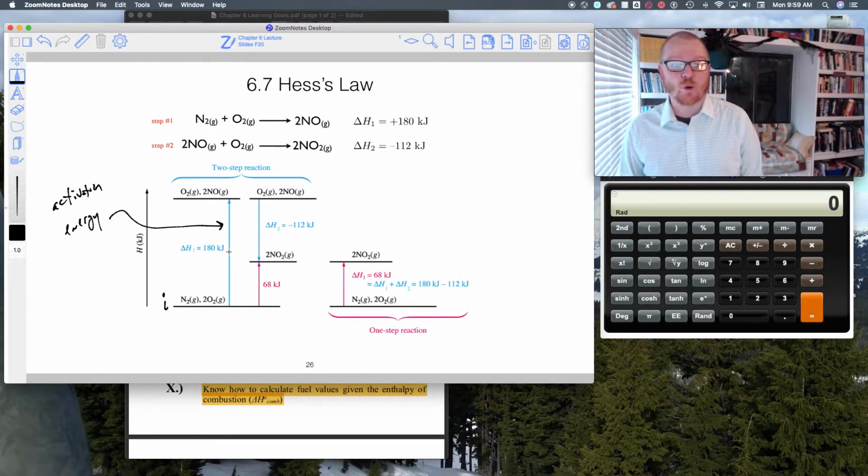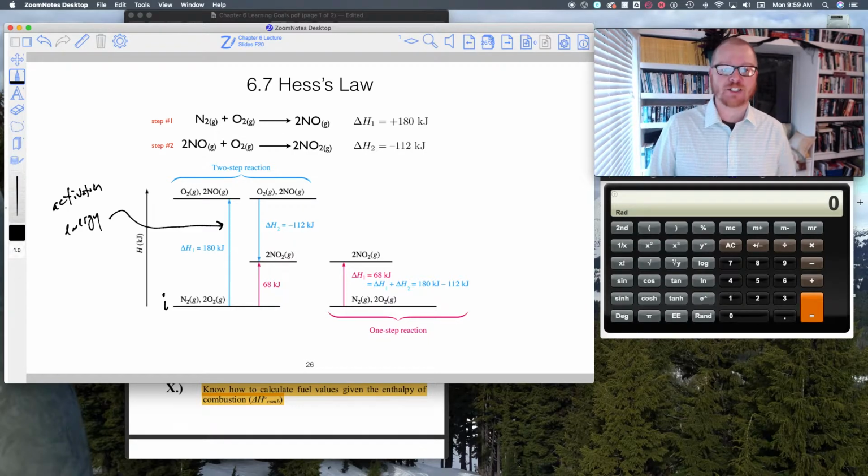That's the energy that's required to activate the reaction, to get it going. Okay, and then now we have the products of the first reaction, so the intermediates, right? And then those go on to react and release some energy. And so now my final state is right here.